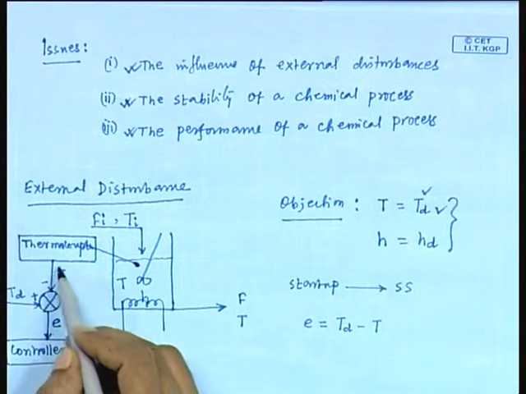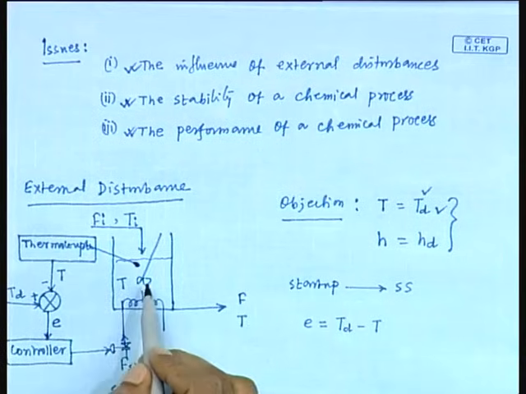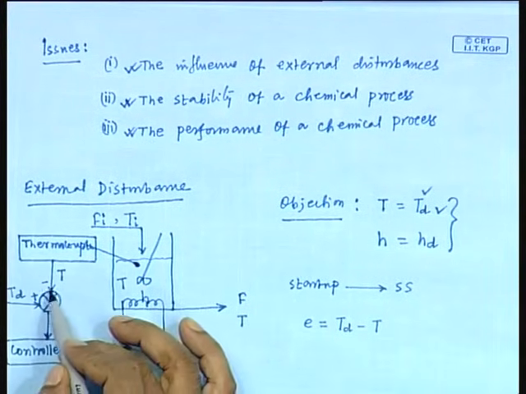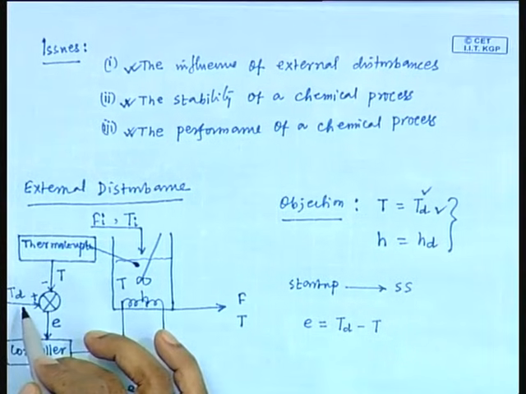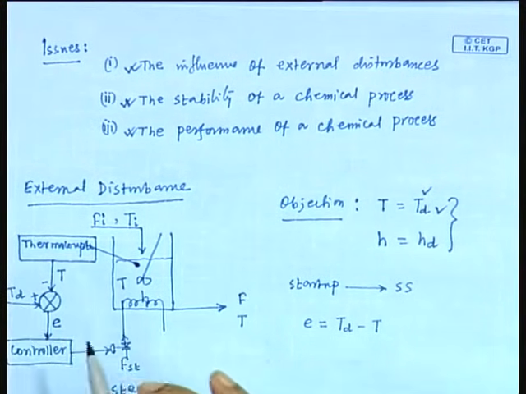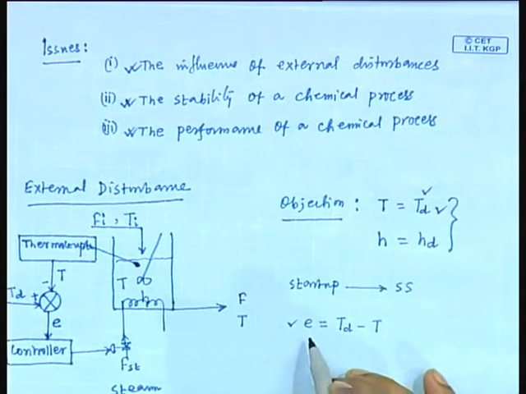We have assumed that the thermocouple outlet temperature is exactly equal to the liquid tank temperature. Then this temperature is compared with the desired temperature, that is TD. So, we have used one variable, that is error, which is represented by E. E equals TD minus T.